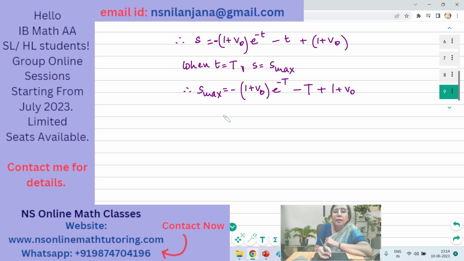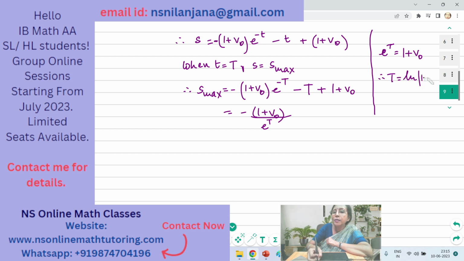So this can be written as negative 1 plus V0 times e to the power of negative capital T, so I can write this as over e to the power of positive capital T. Okay. And since e to the power of positive capital T is equal to 1 plus V0, therefore capital T is equal to ln of 1 plus V0.